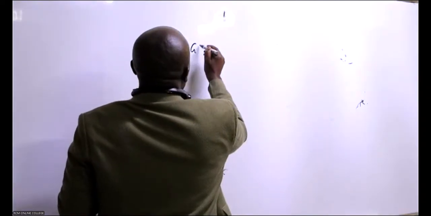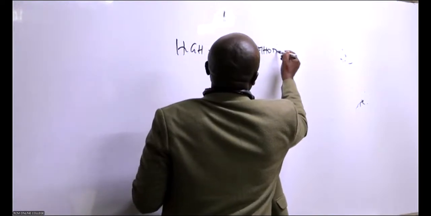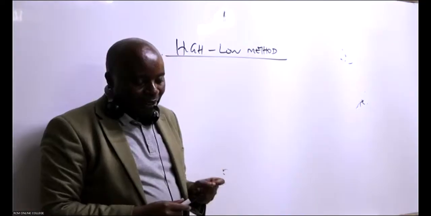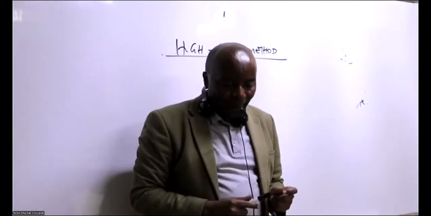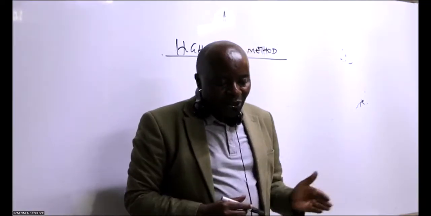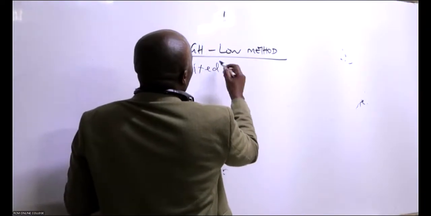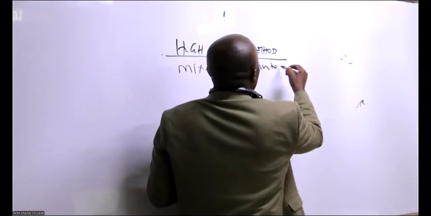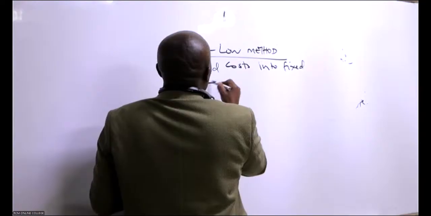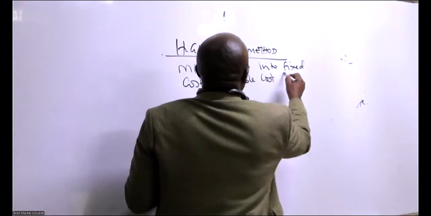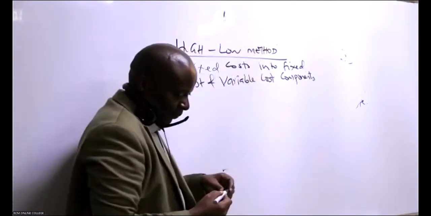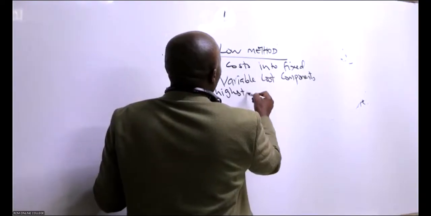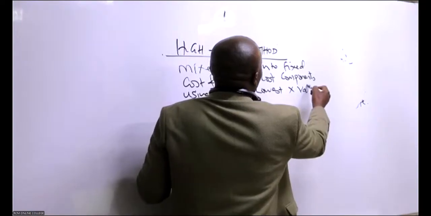High-low method. This is a simple technique that is used to separate mixed costs into fixed cost and variable cost components using the highest and lowest X values.